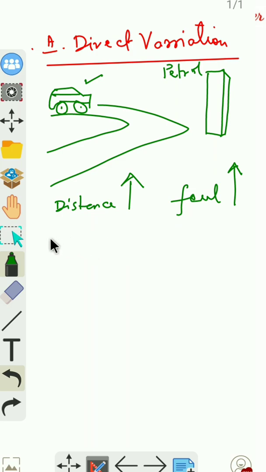However, if the distance travelled is less, the fuel consumed will be less simultaneously. So this type of variation, when one changes, the other changes in the same pattern, is known as direct variation.